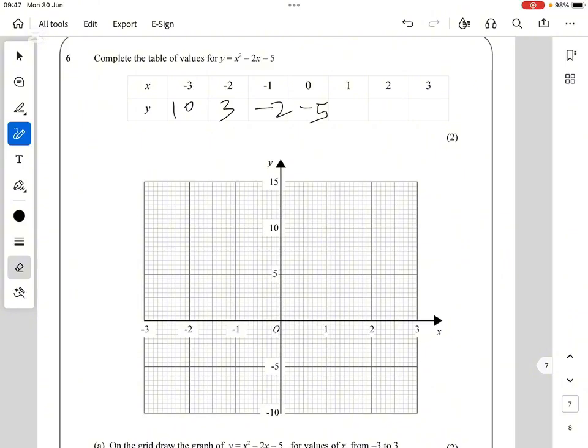Next is when x is 1, y is going to be 1 squared minus 2 times 1 minus 5. Alright, 1 squared is 1. Minus 2 times 1 is minus 2, minus 5. And that is 1 minus 2 is minus 1. Minus 1 minus 5 is minus 6. Negative 6.